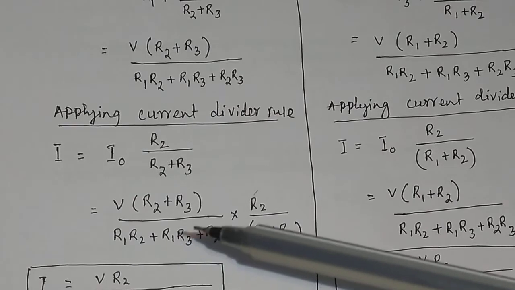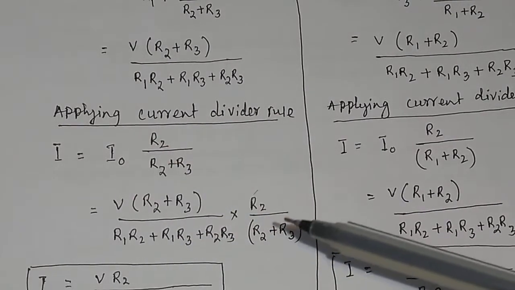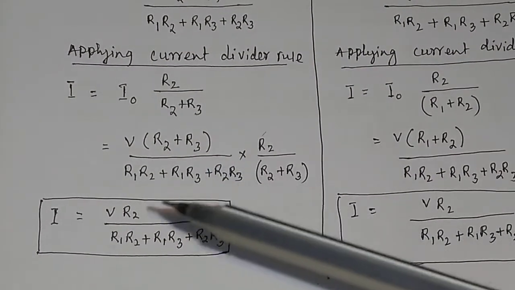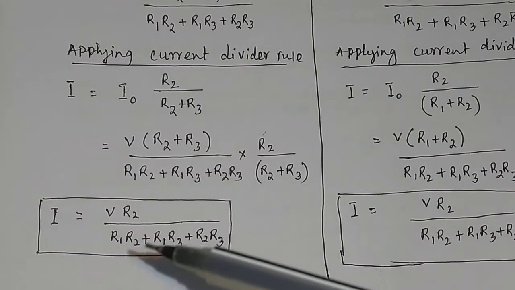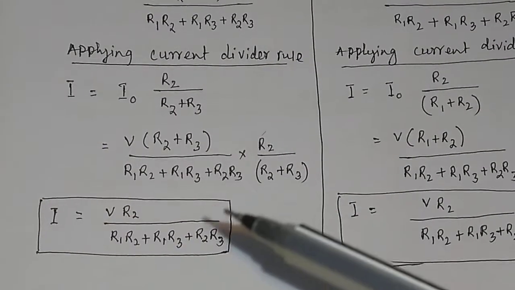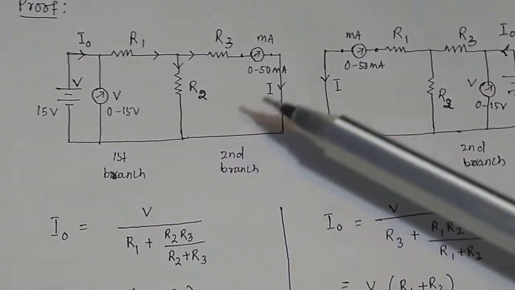So you substitute here, and R2 plus R3 cancels. So the current I will be equal to V into R2 divided by R1 R2 plus R1 R3 plus R2 R3. So this is the current passing through this second branch, I.